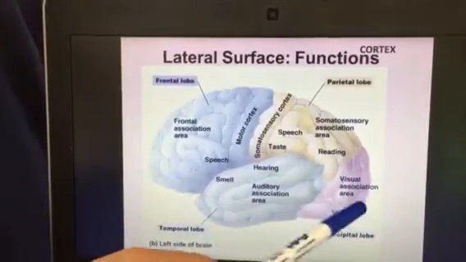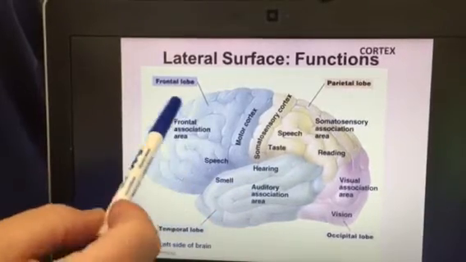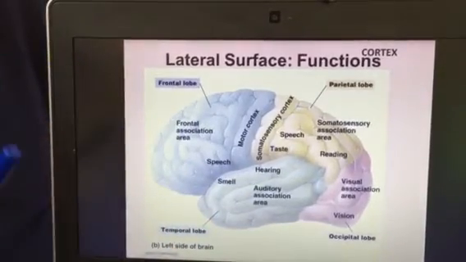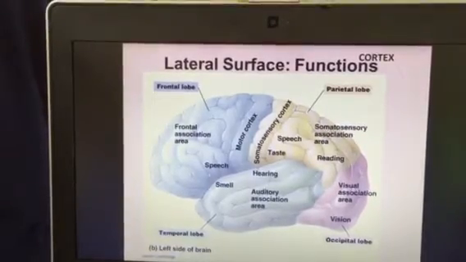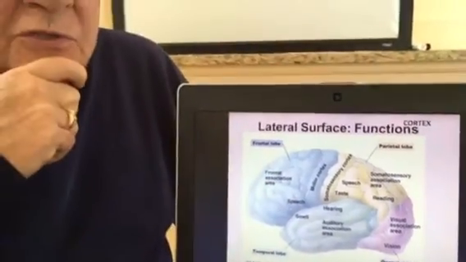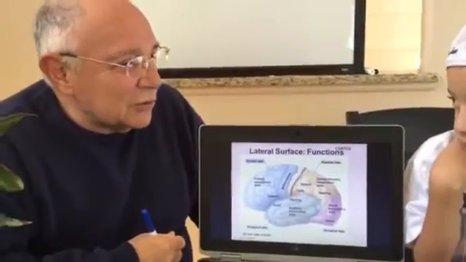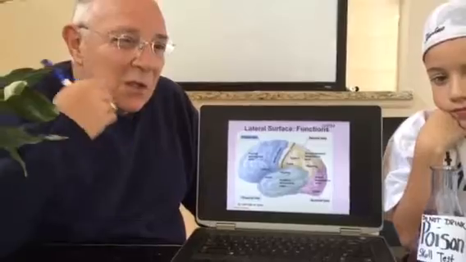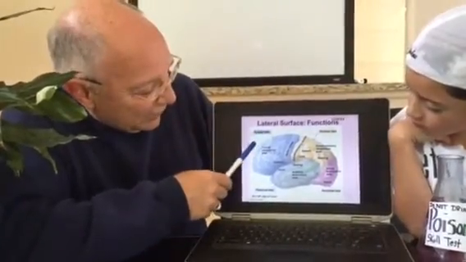Here you can see what these brains actually do. And you can see that the front part of the brain is where a lot of the thinking is. You know, what are we going to do tomorrow? What am I going to do when I finish going to grammar school? What am I going to do when I get home? When you plan things out, you use this front part of your brain.